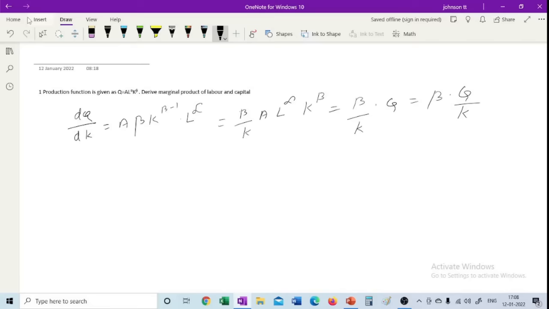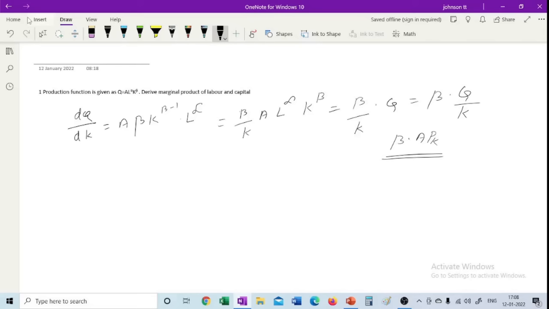So we can write beta into average product of capital. This is the marginal product of capital, beta into average product of capital. So in a question, if you are asked to find the marginal product of capital, then we need the value of beta and average product of capital.